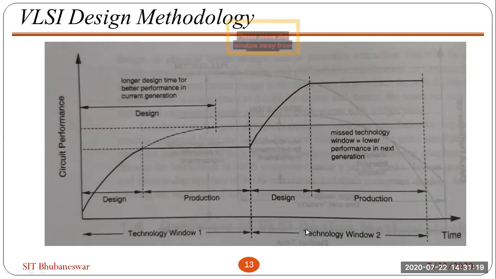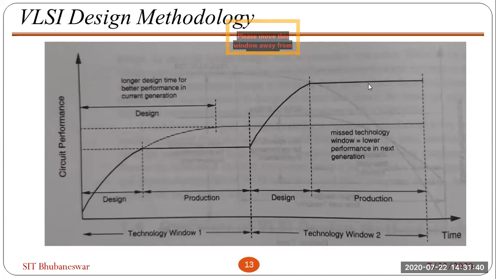And in the second window you will also get better performance because the technology node is smaller, so definitely you will get better performance in terms of power consumption, speed, and better features.